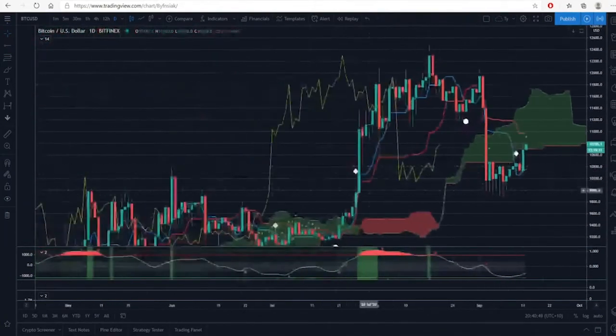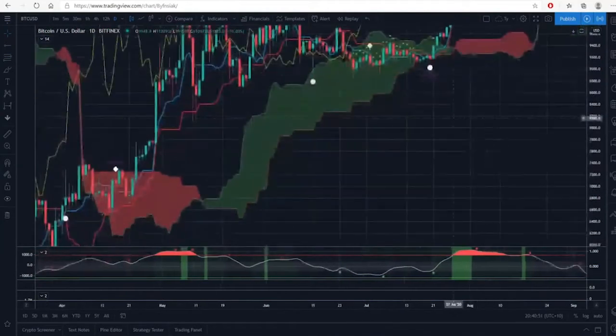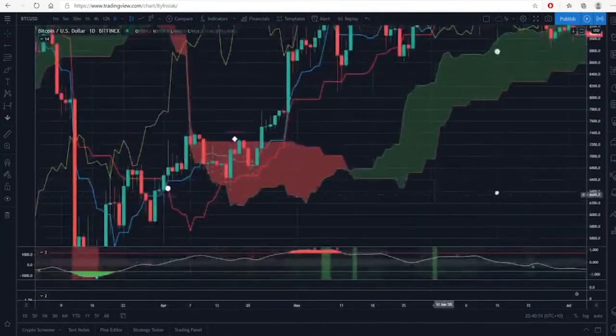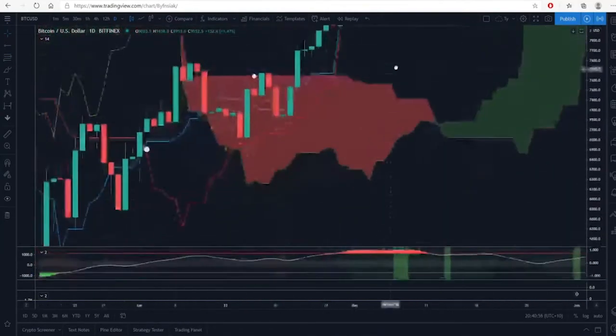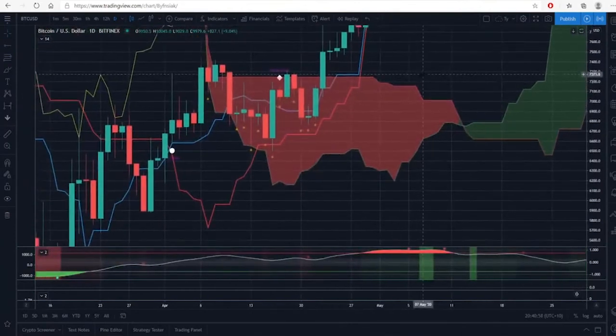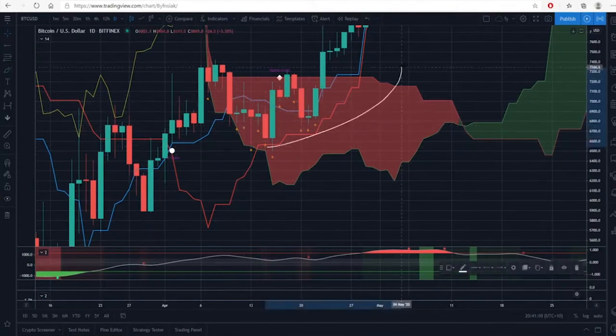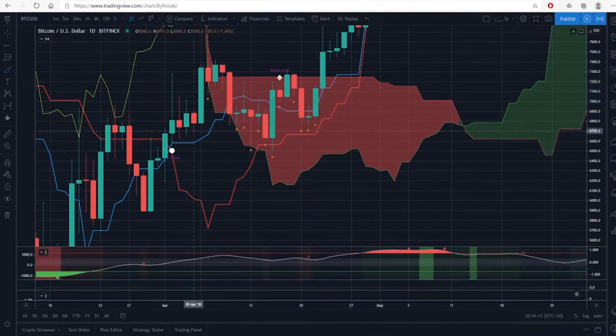Now, when it comes to trading strategies for the cloud, there's one thing that I want to highlight. While it doesn't always play out exactly as you would hope, one thing that I see more and more when price breaks into the cloud, and we've got a bullish scenario like we do here, is that we have a break inside the cloud, and then very quickly we will retest the bottom of the cloud.